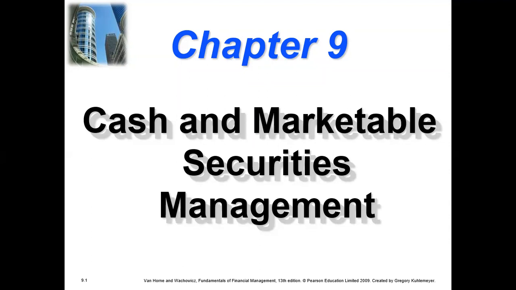Those things were discussed, and as you know, in the previous chapter we studied working capital management, which basically means the management of current assets. Now we're going to extend into multiple different types of current assets.